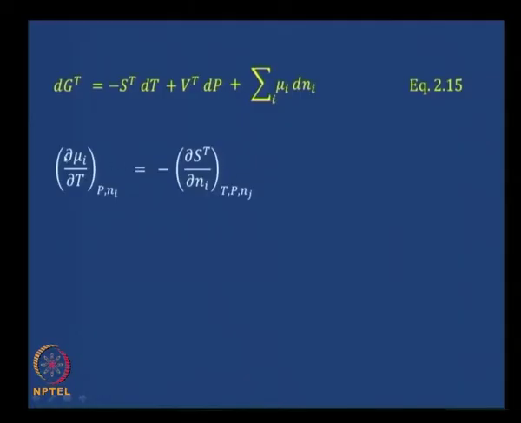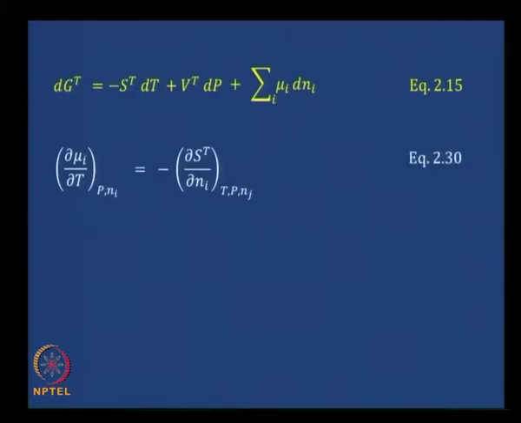Let me repeat this, dou mu i by dou T at constant P and all other ni equals minus dou St by dou ni at constant T, P and all other nj's which are different from i. Let us do this once again to get other useful relationships.